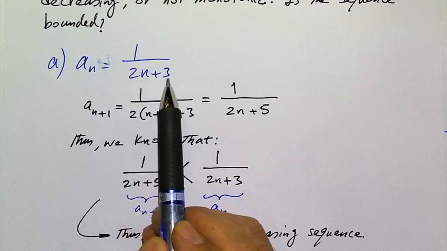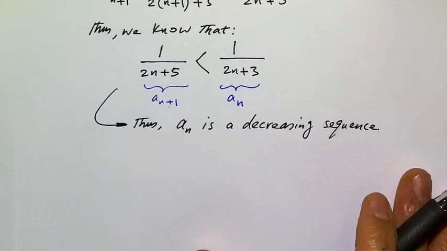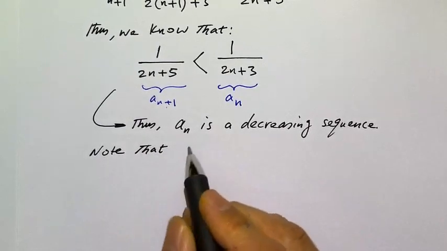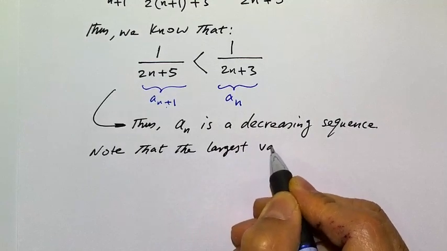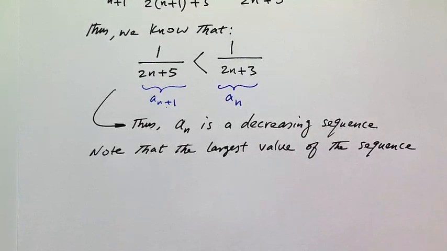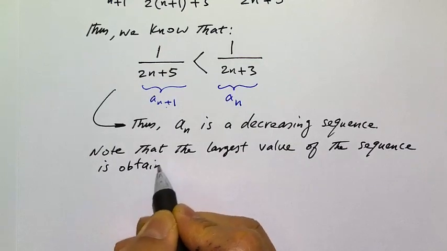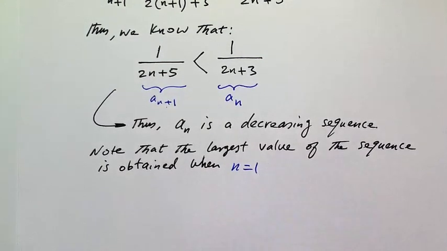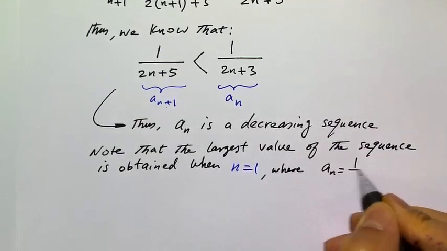That's 2 times 1, plus 3, which is 5. So we can write that as we go along. Note that the largest value of the sequence is obtained when n equals 1, where the sequence is going to be 1 over 5.